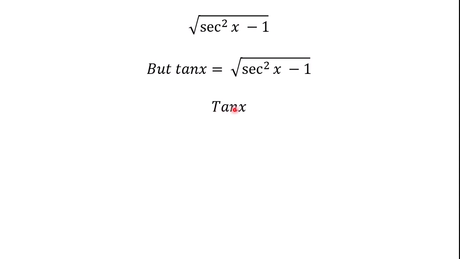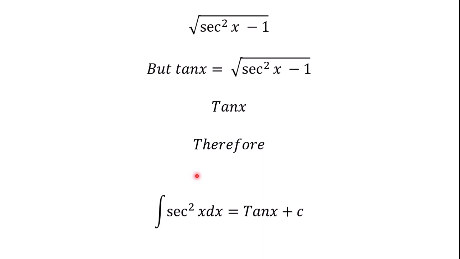Now we are done with everything. So this one gave us tangent x. It's all because tangent x was equal to the square root of secant squared x minus 1. Therefore, the integral of secant squared x dx is equal to tangent x plus c.